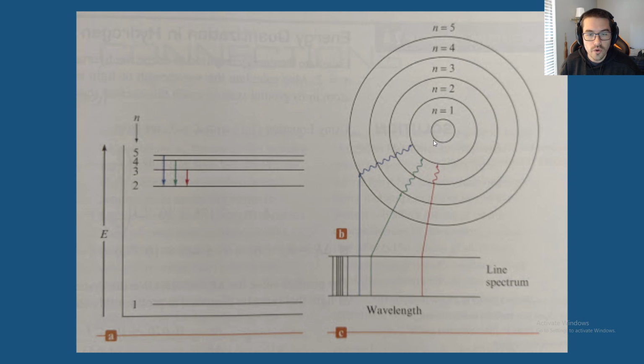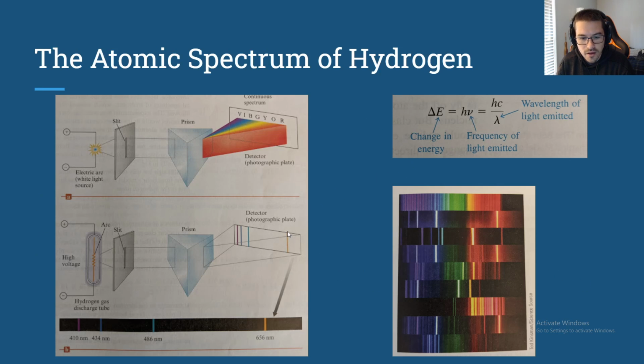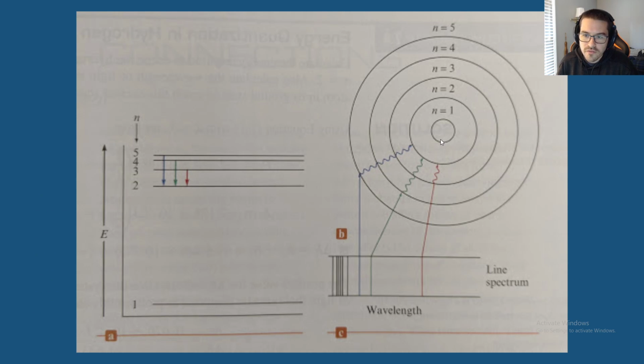What Niels Bohr is proposing is that instead of the electron being able to be anywhere, based on this line spectra that we observe, these specific colors, and it's always these colors, the electron is only allowed to be in these specific rings, which are specific distances away from the proton.